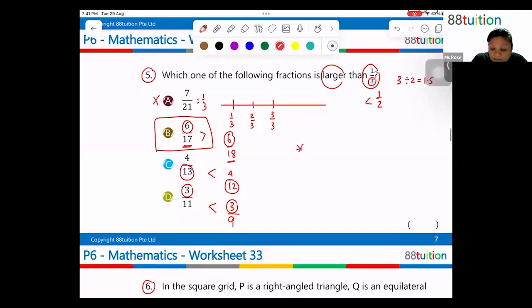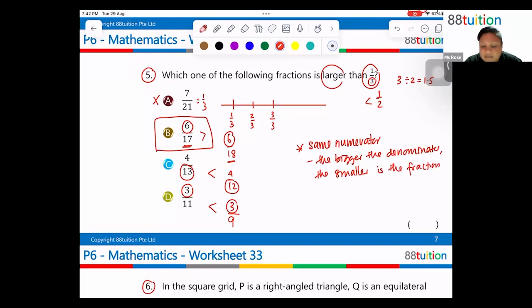So take note, when you have the same numerator, the bigger the denominator, the smaller is the fraction.